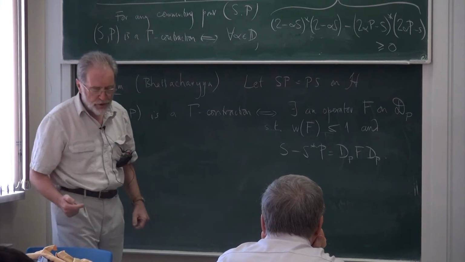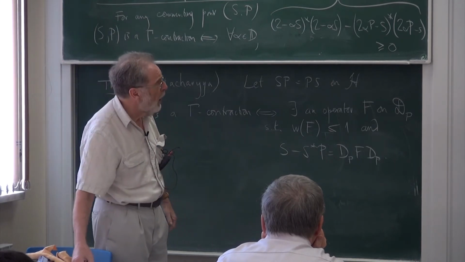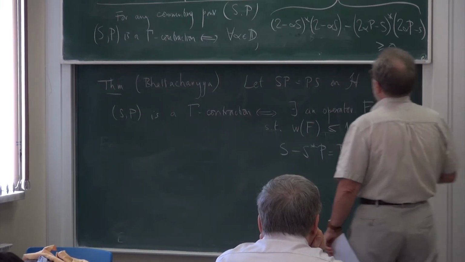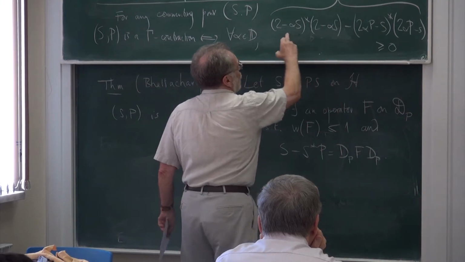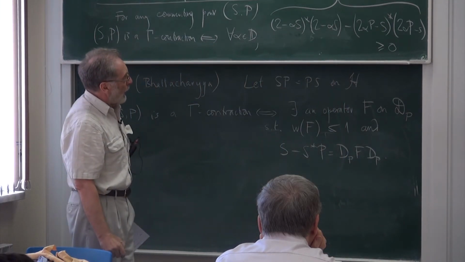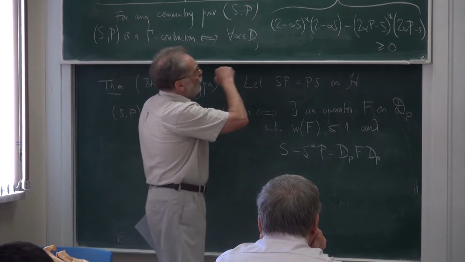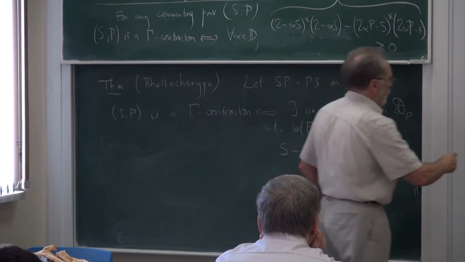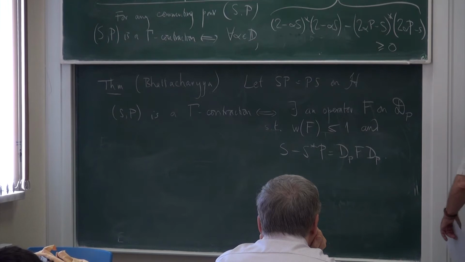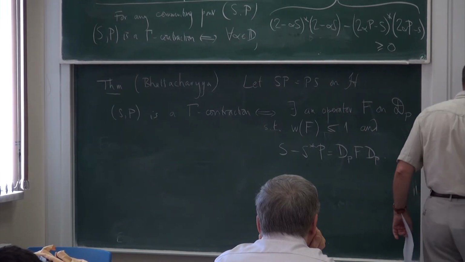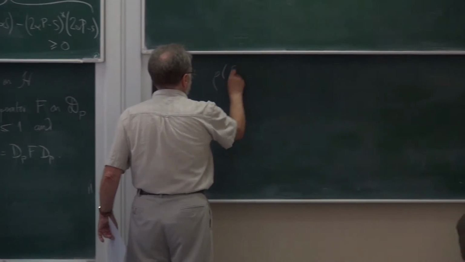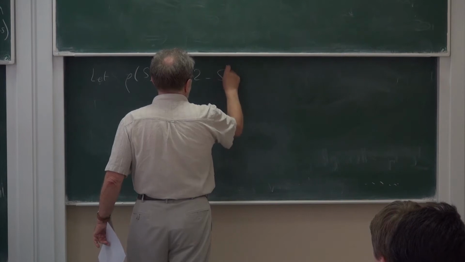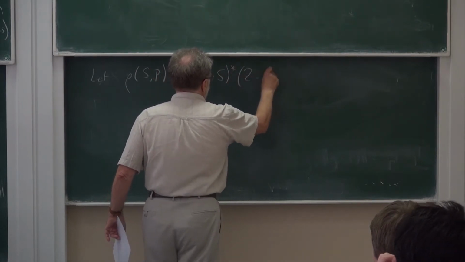Agler and I sort of knew this, at least in the case when norm P is less than 1, so let's just go back to this characterization here, and let's call that rho of S comma P. So let rho of S comma P be this thing, (2 minus S)star(2 minus S).